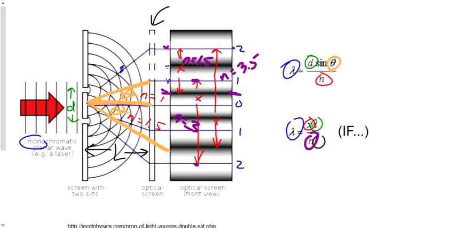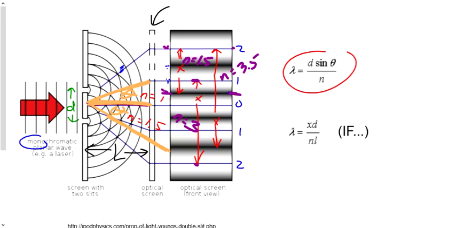Okay, make some sense? Okay, let's take a look at these two equations now that we know what each of the variables means. Let me tell you that this equation that we see at the top here, d sine theta, that's the best one, because that is always valid. Always valid, no matter what, no exceptions, as long as you have the angle as measured from the central maximum.